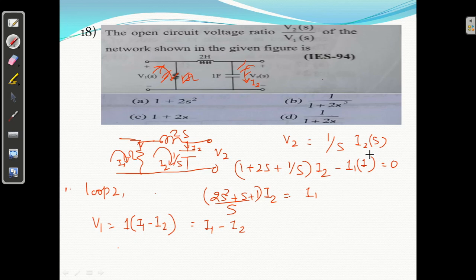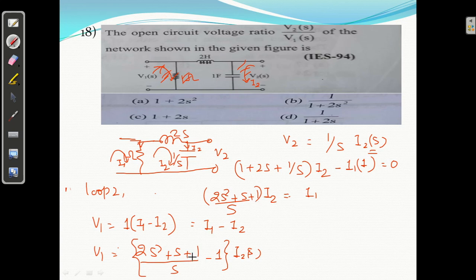So here V2 had I2 only, but here both I2 and I1 are there, so I don't want that, I want only I2. Here it is I2, so here also I need I2. So let us put the value of I1 here. So you will get V1 equal to (2s square plus s plus 1 upon s minus 1) into I2. Why?